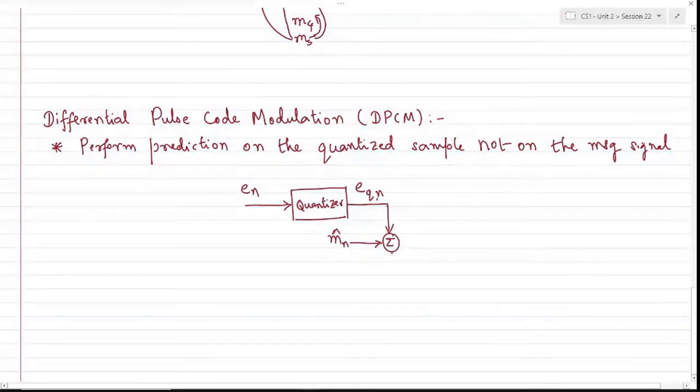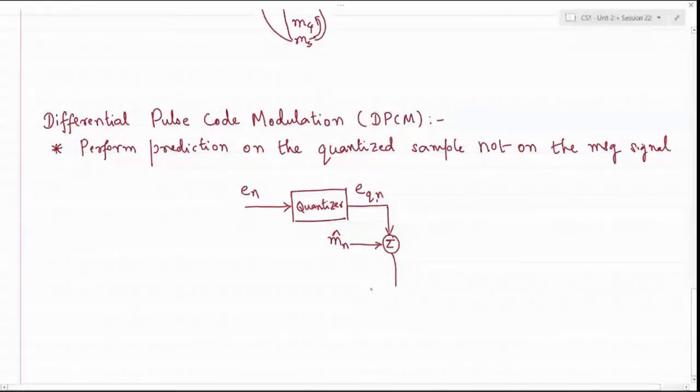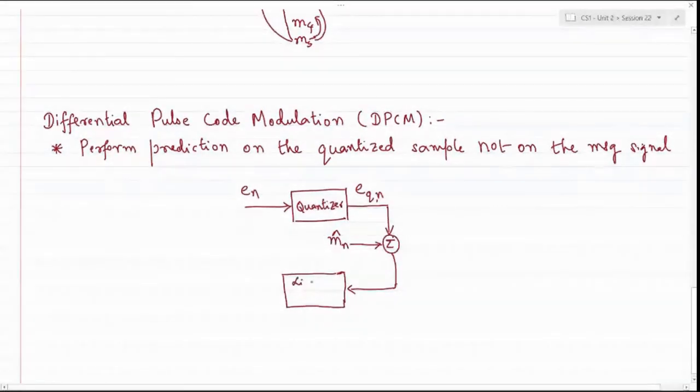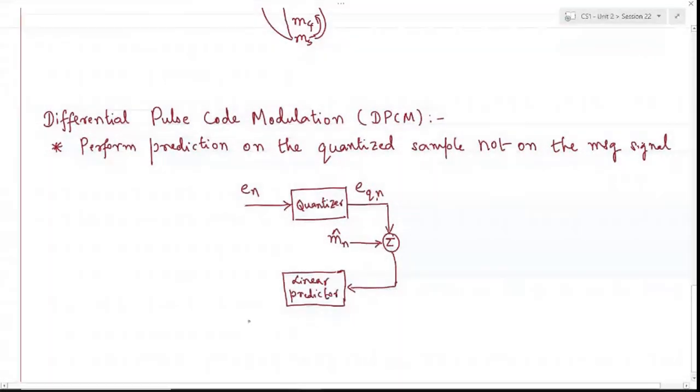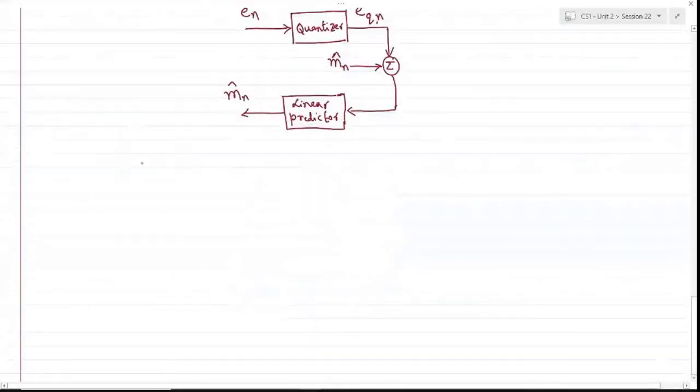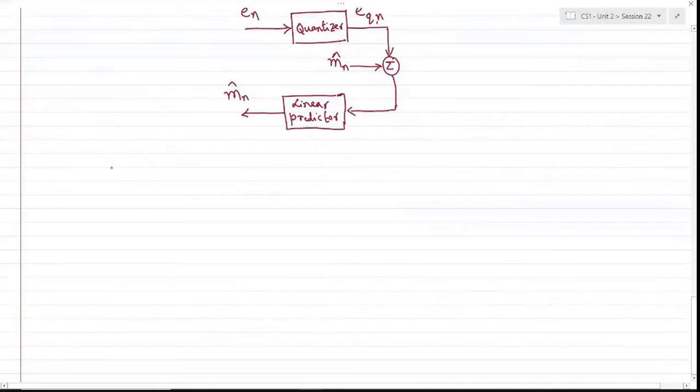And then finally I'll pass it through a linear predictor block. You will understand this process once I take it mathematically as well. Whatever you generate will be the final sampled output. So to complete this understanding of differential pulse code modulation, the differential is with respect to the differences between adjacent samples.